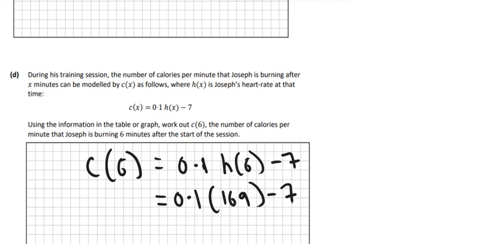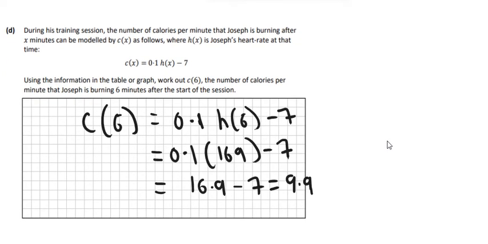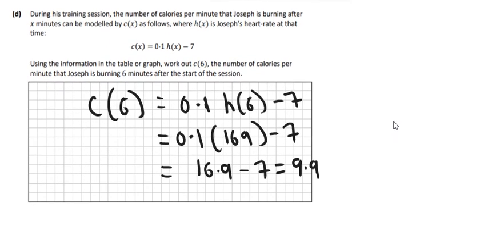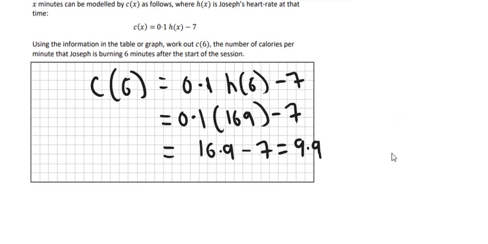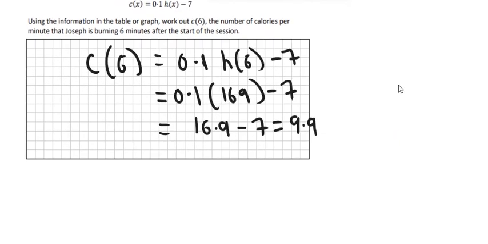You can put all that into your calculator, or you can see that 0.1 times 169 is 16.9, and you take away 7 from that, so you're going to get 9.9. So 9.9 is your answer. That's what C of 6 is. So that's calories as well, so 9.9 calories.